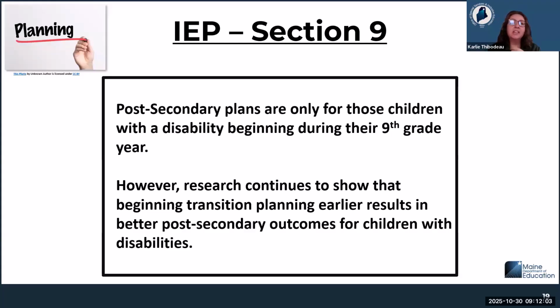So I think we've visited some SAUs where I've seen middle school IEPs where there have been transition plans, because some SAUs choose to do transition plans starting in middle school. And that's okay, because that would be above compliance, right? So that would be above and beyond. But compliance is that you must start at 9th grade.